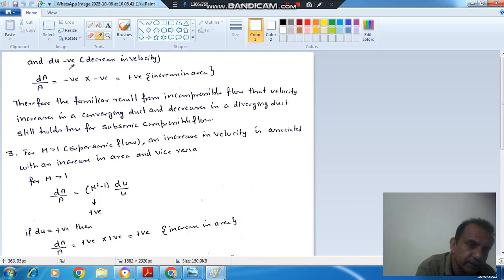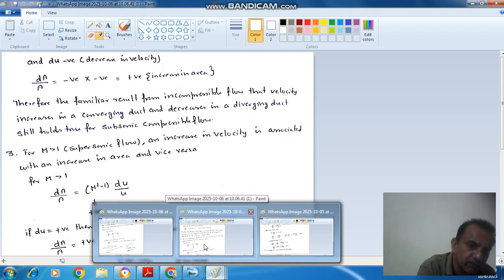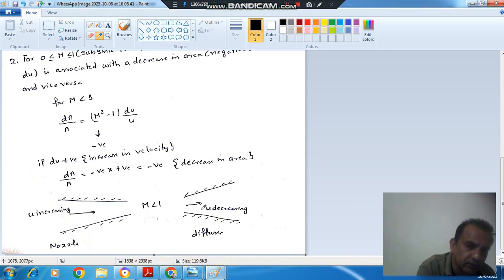If we decrease the velocity, then du is negative. The first term is always negative, so this is also negative, so this will become positive. So there will be an increase in area. So when we want to decrease the velocity, the duct required is a diffuser. So for subsonic flow, the duct of increasing area is the diffuser. So this is your nozzle for subsonic flow, and this is your diffuser for subsonic flow.